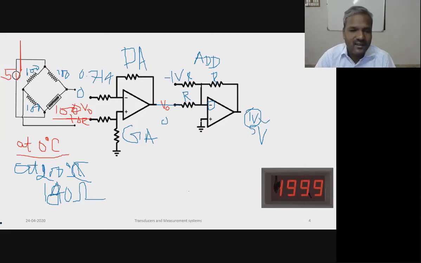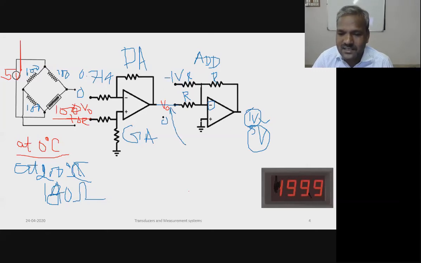Next, at 200 degrees Celsius, we should get 5 volt. Already we are adding 1 volt at this terminal. Anybody tell me what voltage should come at this junction? This is an adder. 1 volt we are adding.